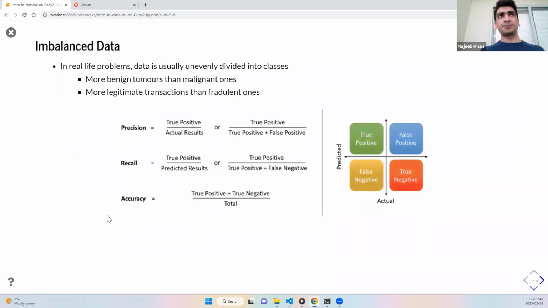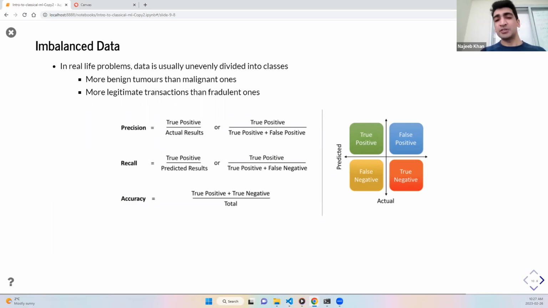But when you have unbalanced classes, for example in cancer detection, if you have a bunch of x-rays, a lot of them would be just benign tumors and only a few of them would be malignant.